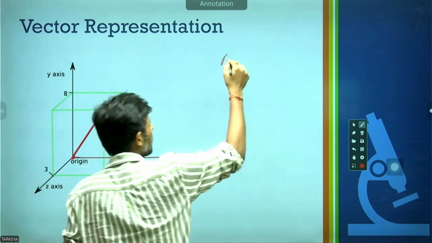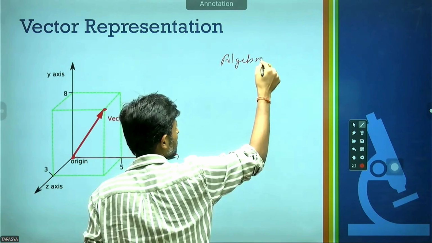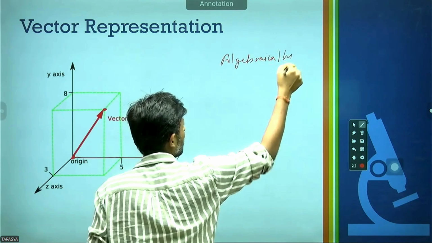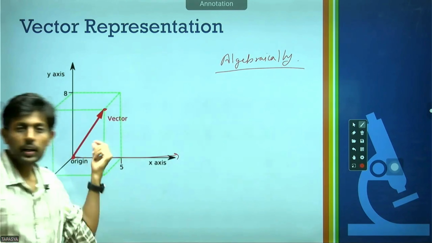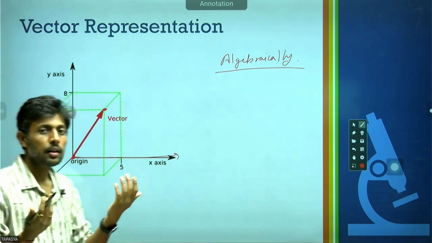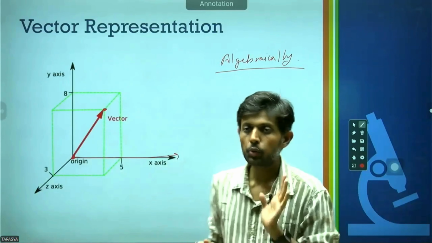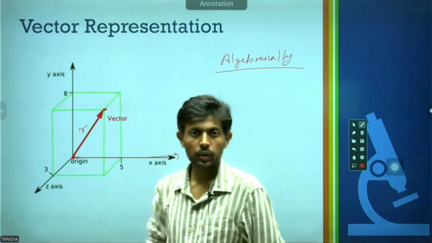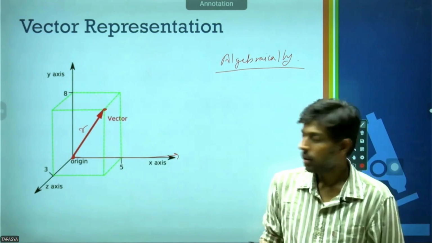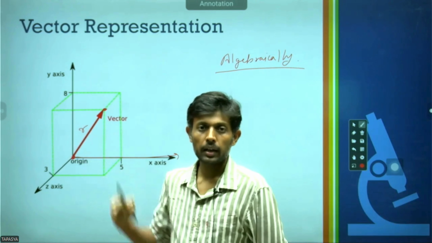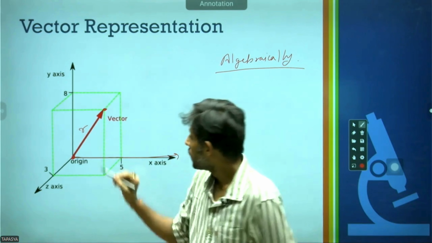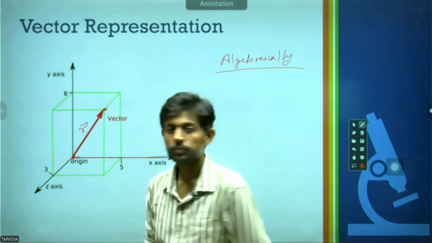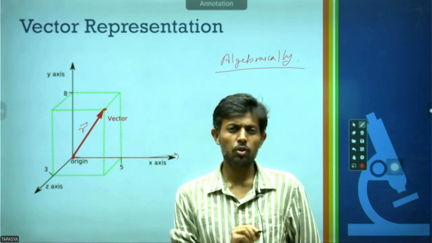Now, algebraically, a vector would be represented by a letter, just like we use in algebra. Let's use R for that, okay? But then, what is the difference between a normal variable and a vector? It's this arrow, okay? A small arrow on top of this.